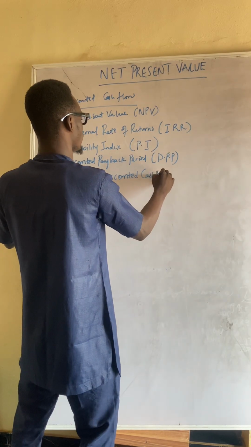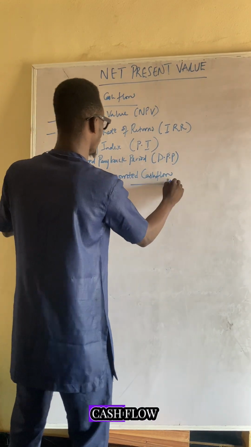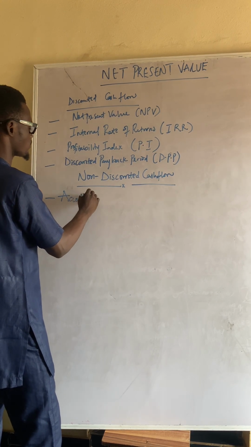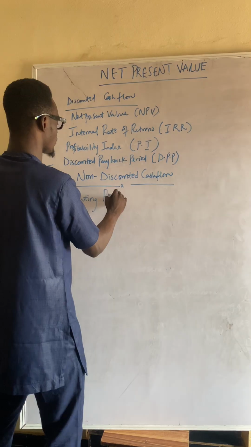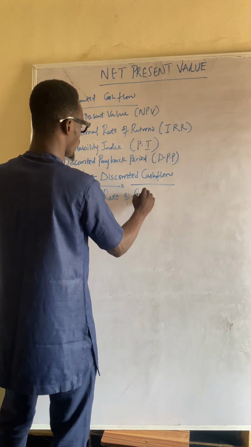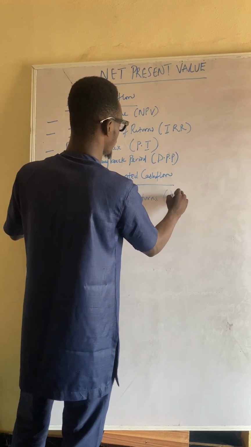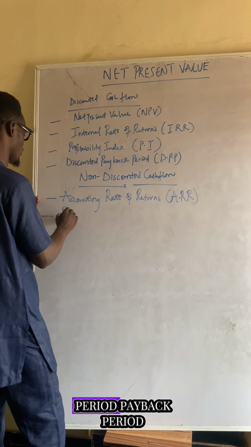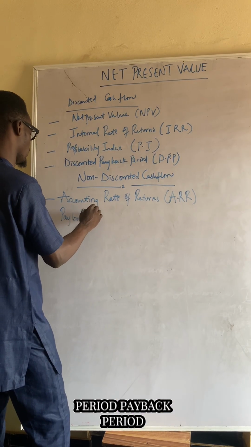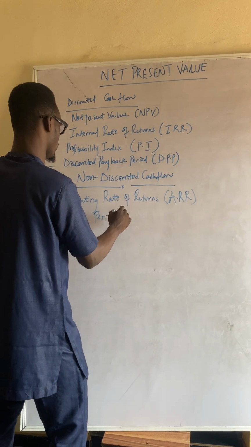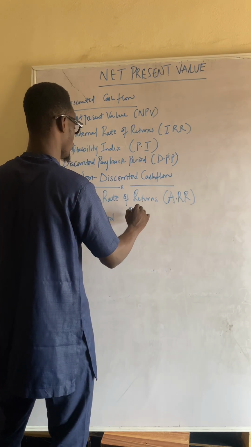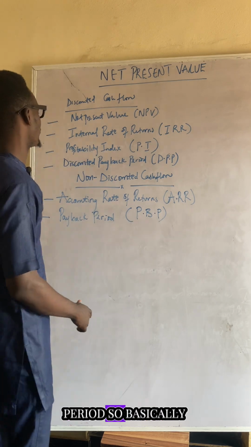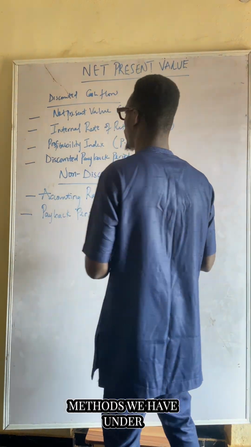For the non-discounted cash flow, the first we have here is the ARR, accounting rate of return, and of course, we also have the payback period, the PBP. So basically, these are the 5 methods we have under investment appraisal.